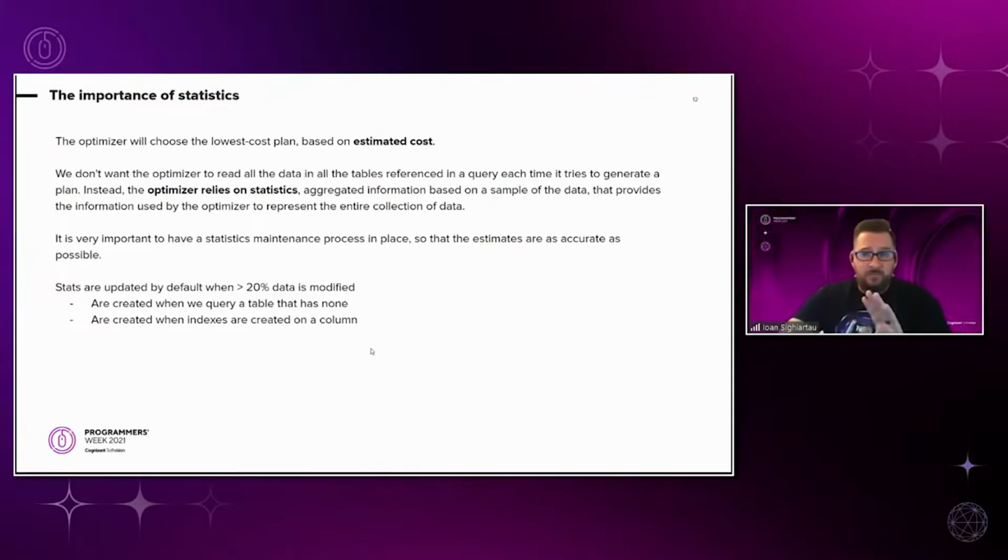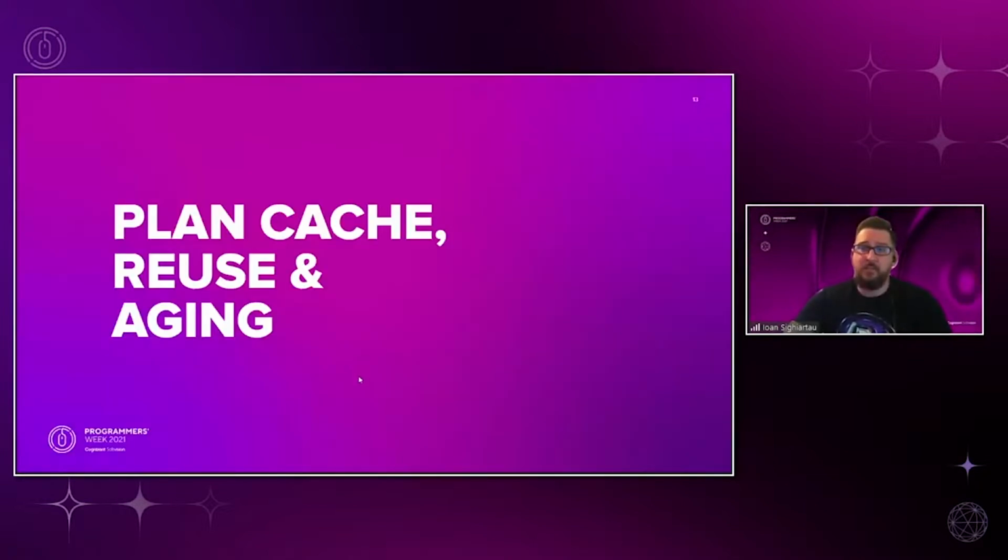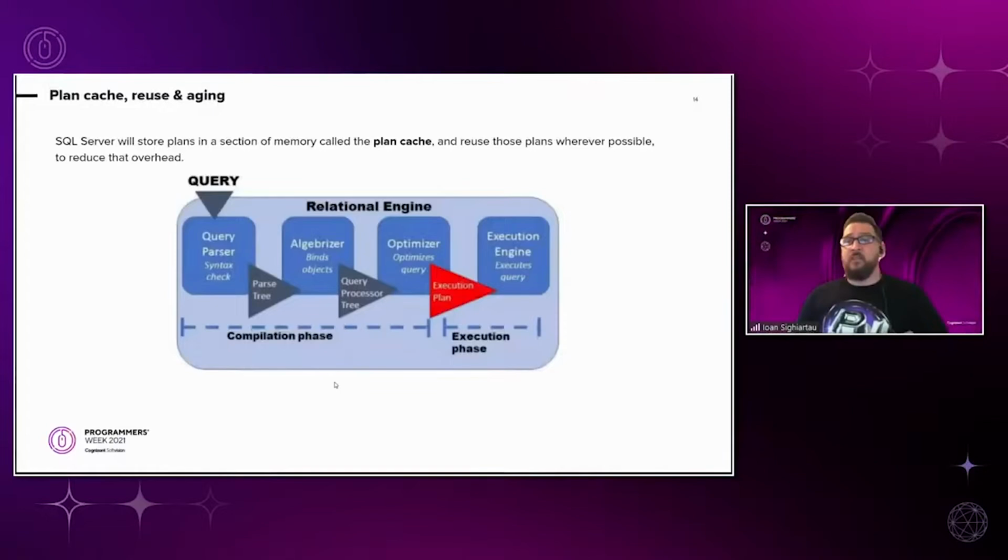So we talked about statistics and the importance of them, how the optimizer generates an execution plan. But what happens then? Let's take a closer look. If the optimizer receives a simple query, it can generate the execution plan sub-second, just like that.